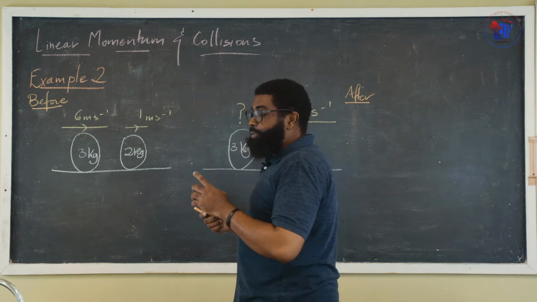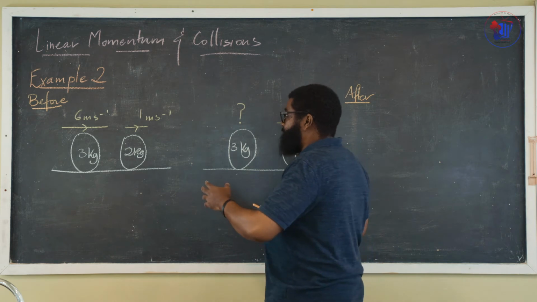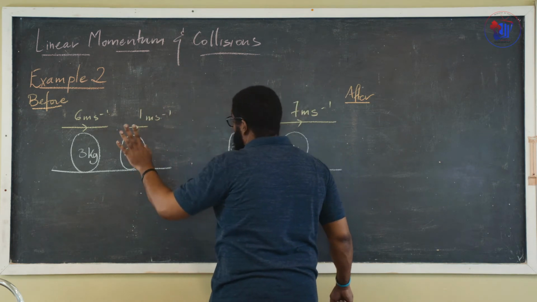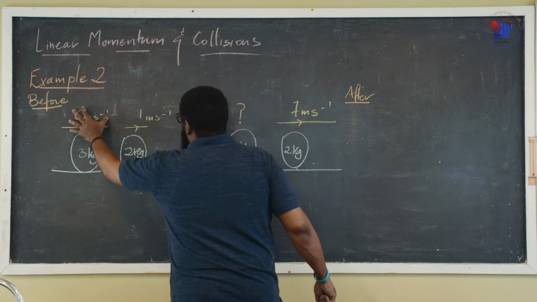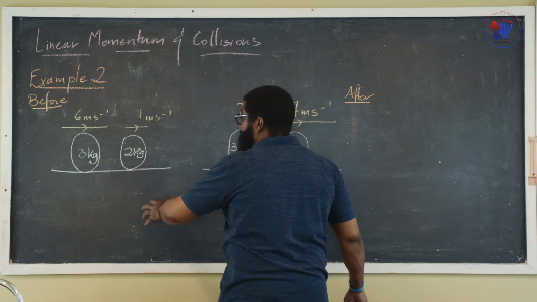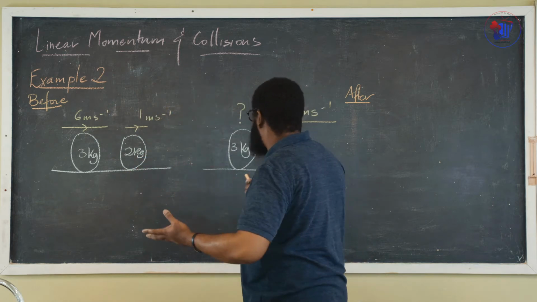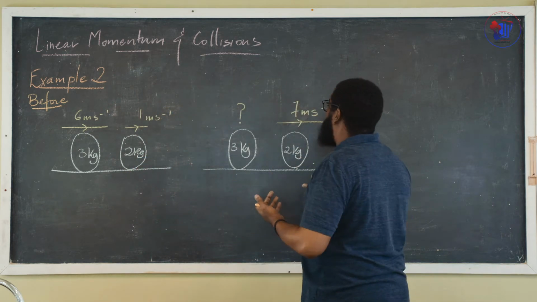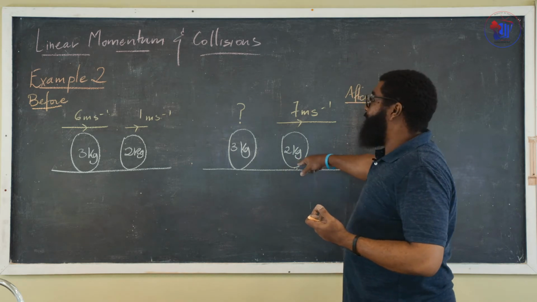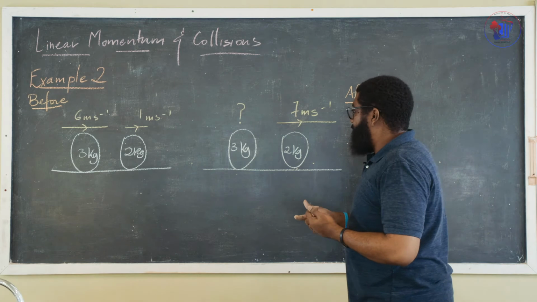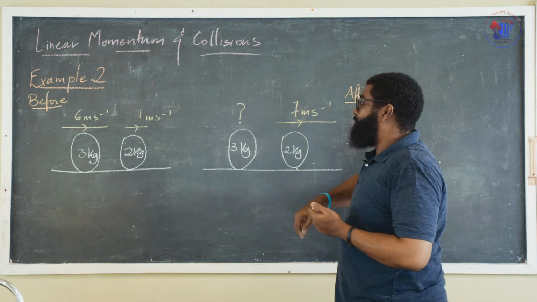Sorry, I said 6 meters per second for both. I think, anyways. This is way faster than that, all right? So essentially, one runs into the other from behind. Now, after they collide, the 2 kilogram mass has a very large increase in velocity. We want to find out what happens to the 3 kilogram mass.